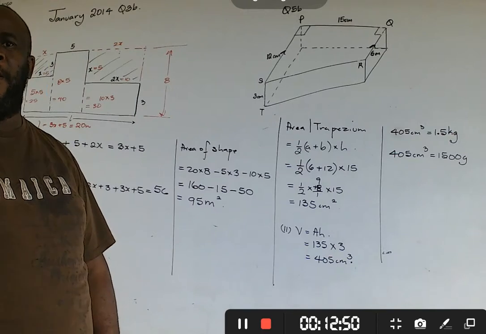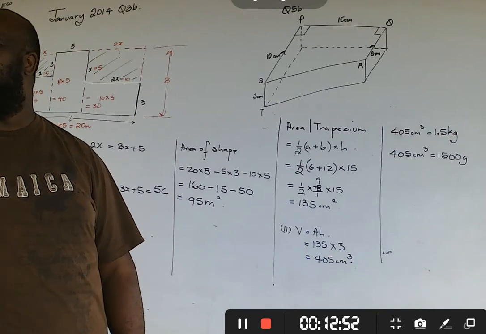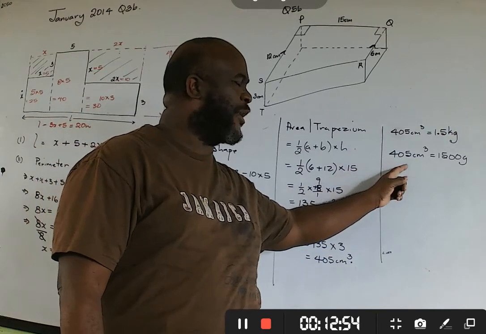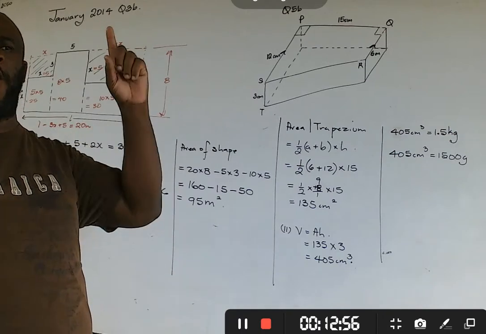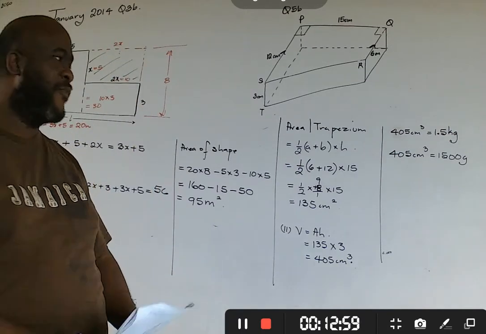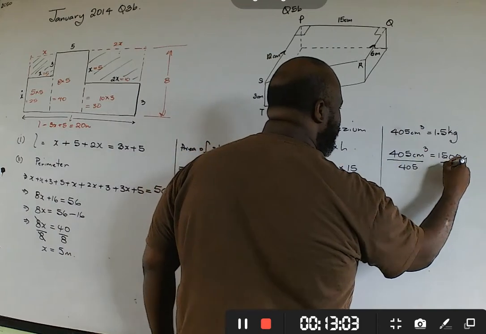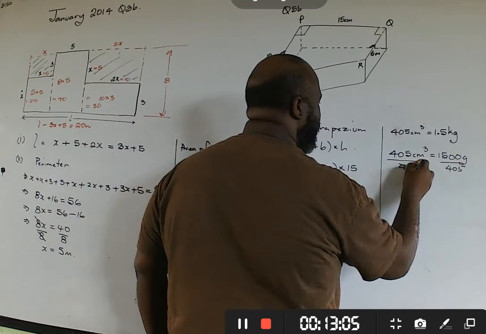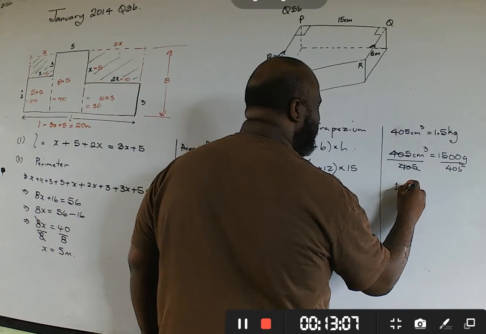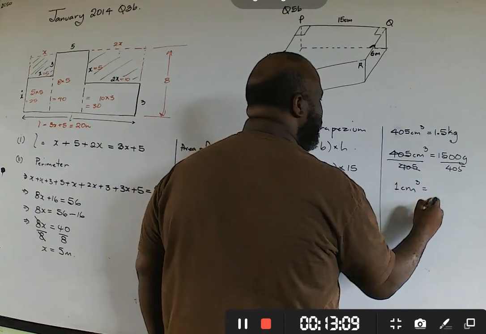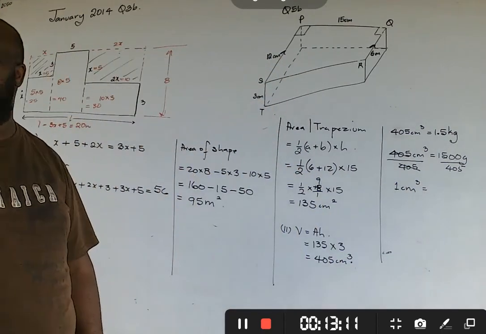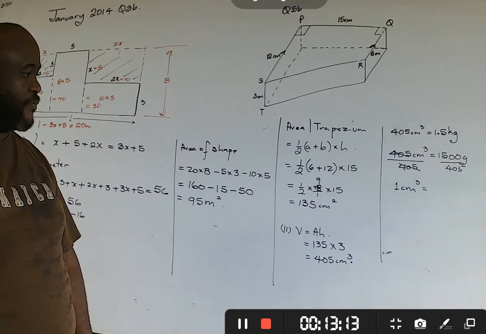Yes, sir. They want the weight of 1. If you know the weight of 405, to find out the weight of 1, what must you do? Divide both sides by 405. 1 centimeter cubed is equal to, dividing, what do you get? 3.7.